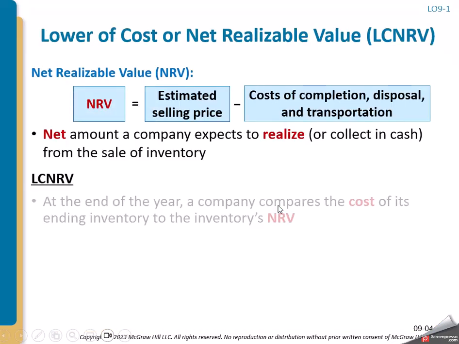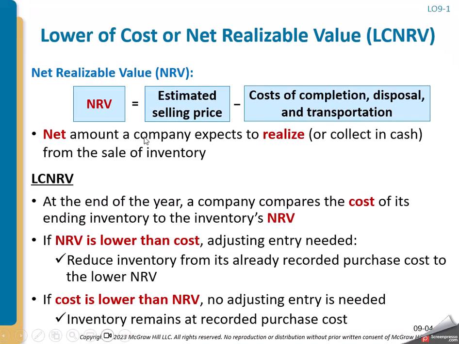So the net realizable value, the formula for it is your estimated selling price minus any costs to complete or to dispose of. So again, say you had inventory that came back as not perfect.